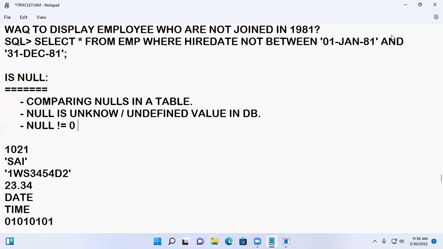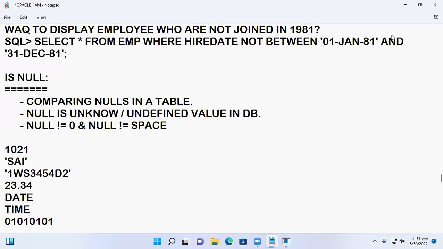And even people will say null is equal to what now? Space. Because space is countable in a database. Every space is counted by the database server and given some memory. Yes or no? But null is not equal to space also. If it is a space, then it has some memory and a memory address. But null is not equal to space also.